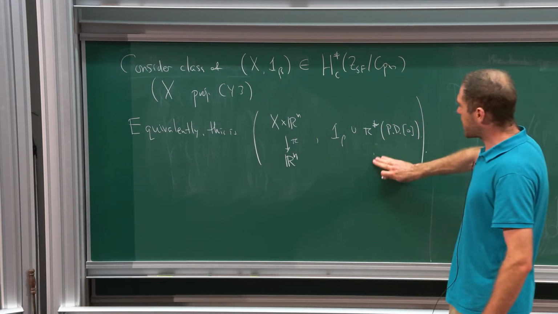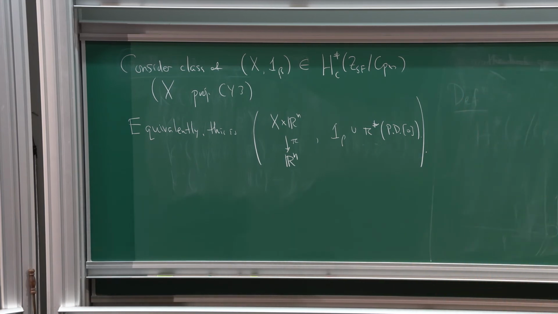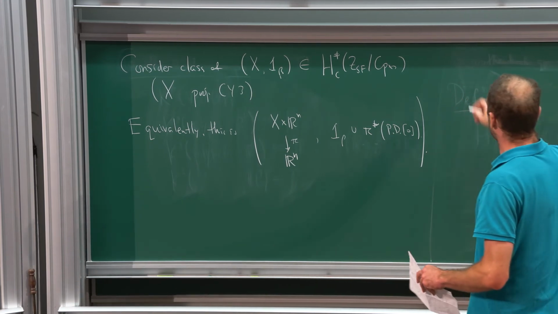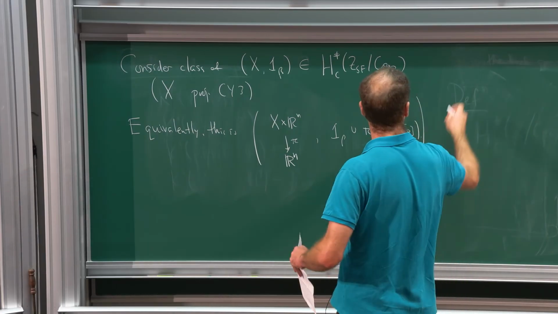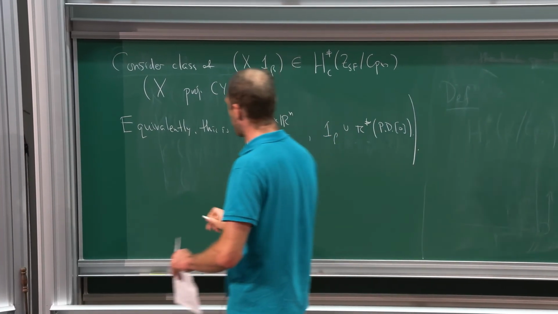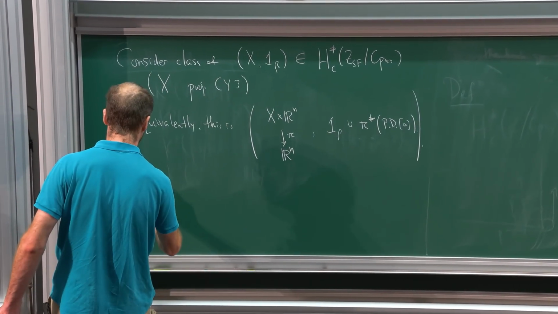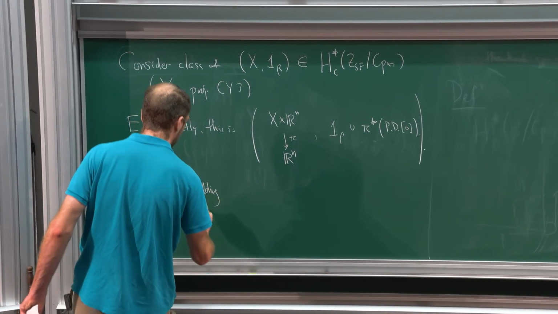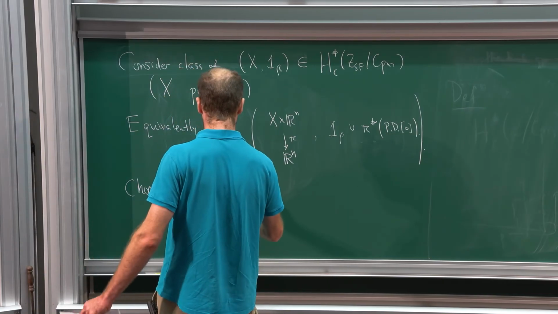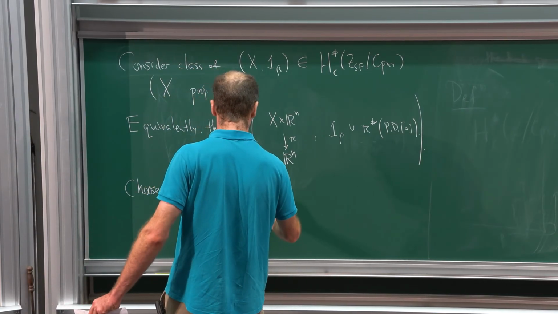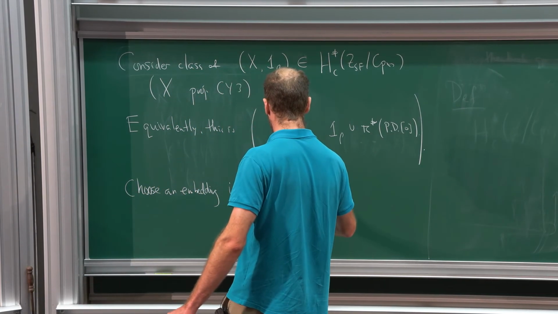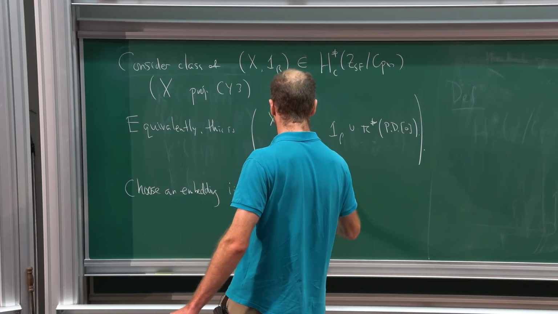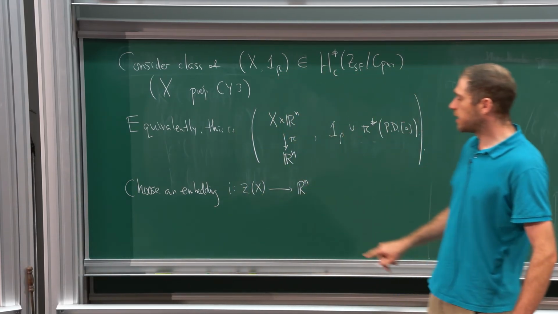Okay, but now I'm going to take advantage of this extra room, and we're going to choose an embedding, just any topological embedding. I don't care if it's constructible or anything, just any embedding from the space of cycles on X into Rn.